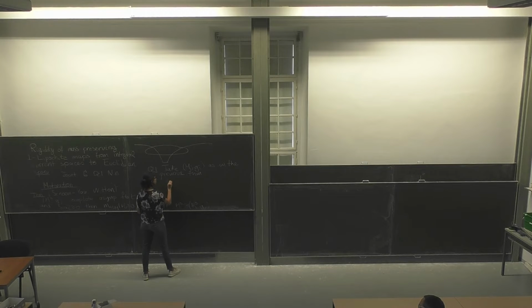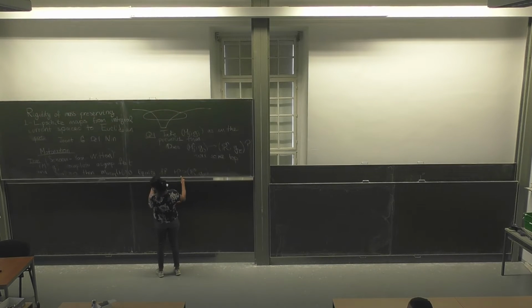Does (M_j, g_j) converge to Euclidean space? And here let me allow n dimensions, with respect to some topology.